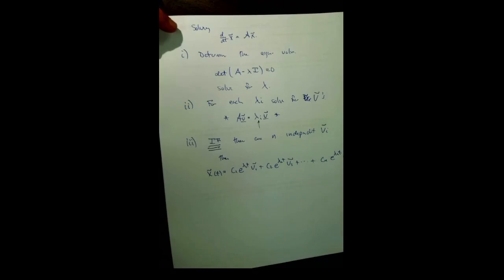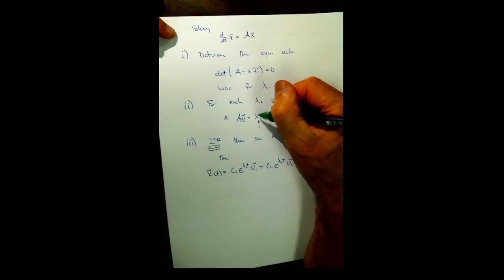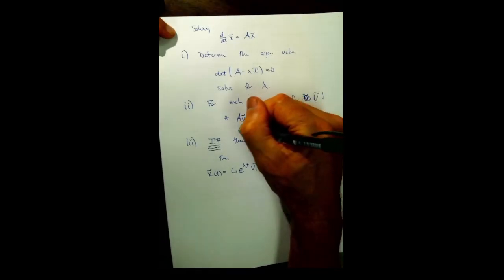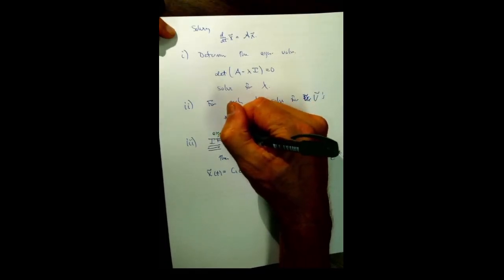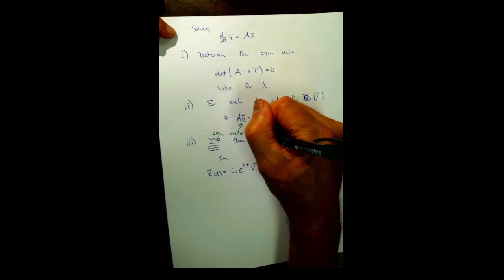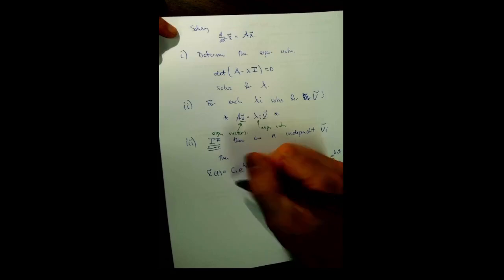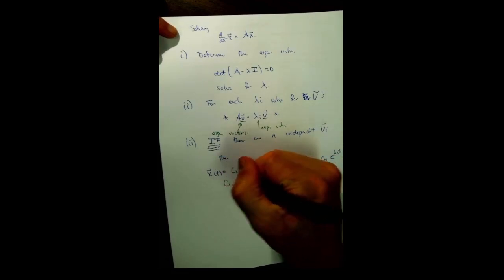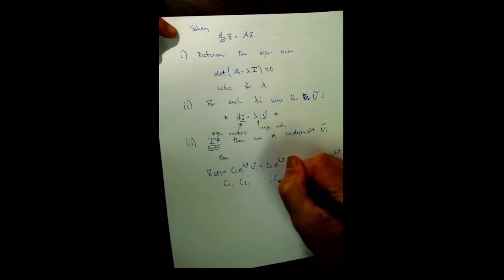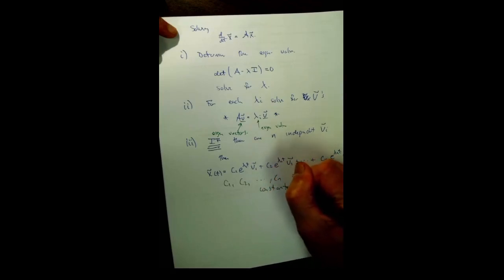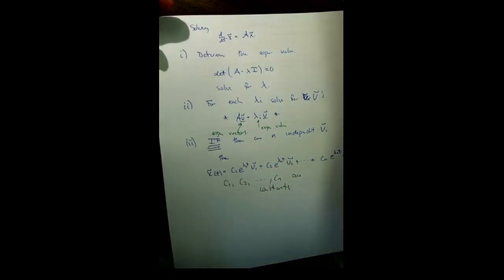Okay, and I should be careful. We called these lambdas eigenvalues, and these v's, we called them eigenvectors. Okay, and in this case, C1, C2 to Cn are constants.